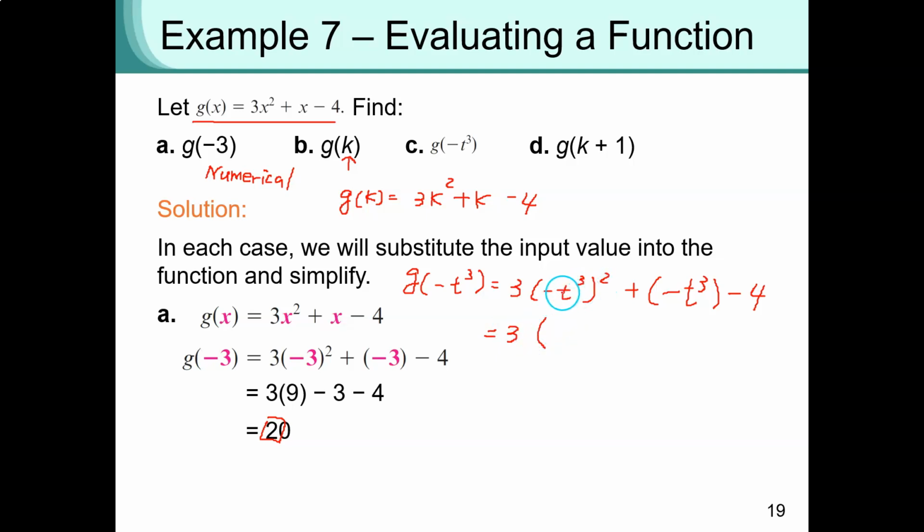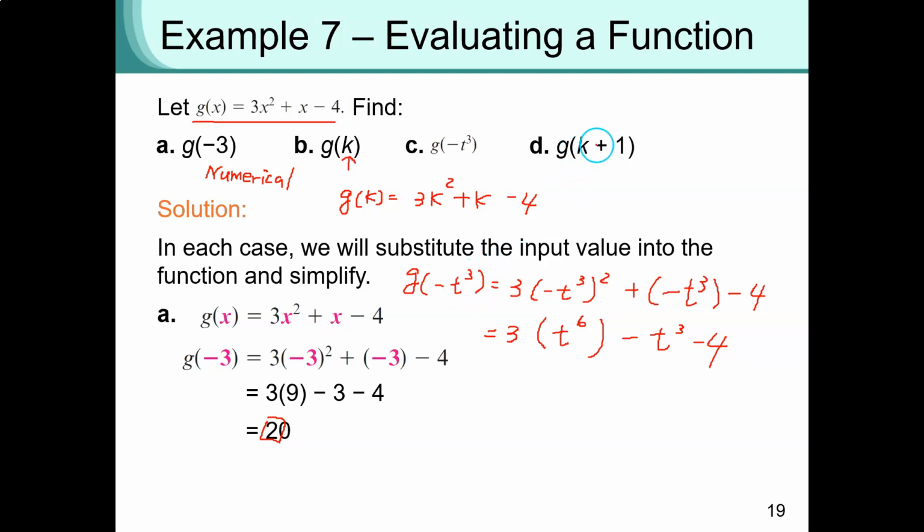Now this one is the same idea. You have negative t to the power 3 multiplied with another negative t to the power 3. So negative sign multiplied turns into positive. And the t, you will have power 6, minus t to the power 3 minus 4. So this will be the solution of g of negative t to the power 3.